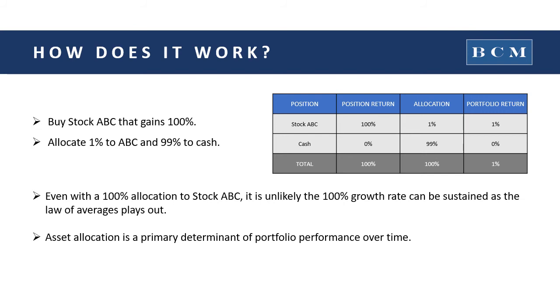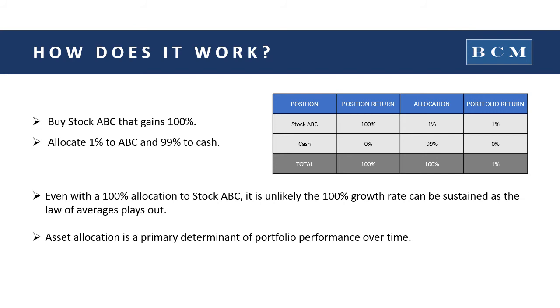But in order for my portfolio to maintain that same level of growth after year one, that stock will have to continue going up 100% year after year, which we know is not going to happen. That's not feasible. And so that means at some point, I'm going to have to sell that stock and I'm going to have to pick another one.